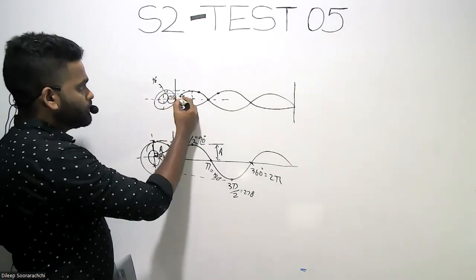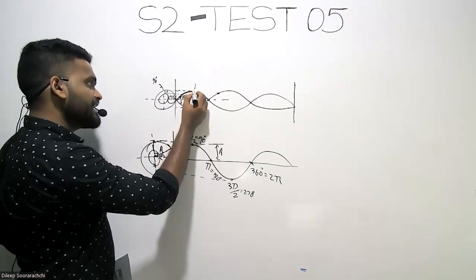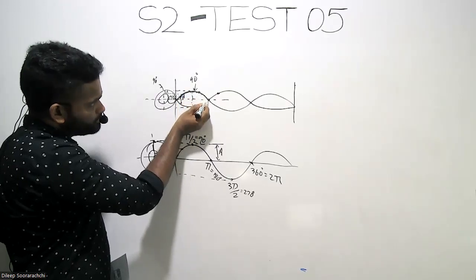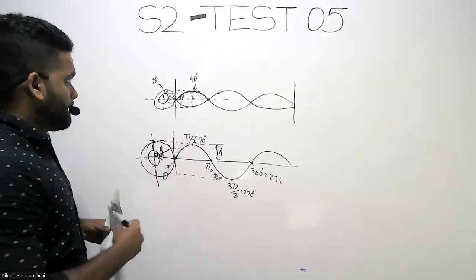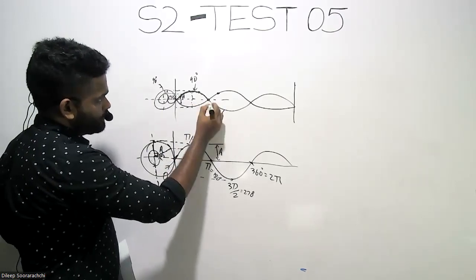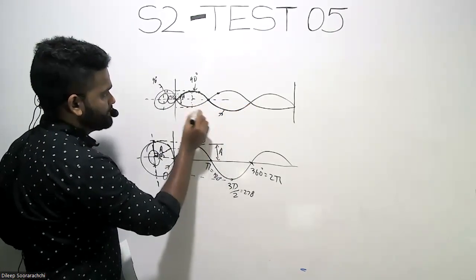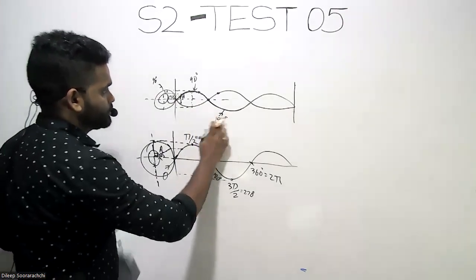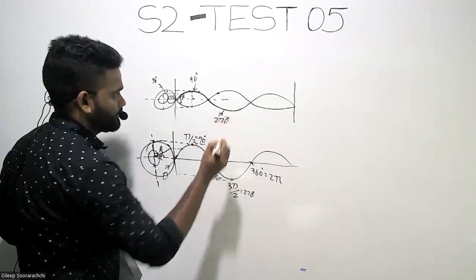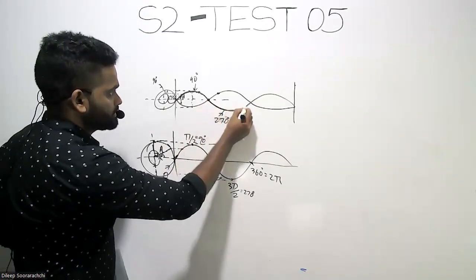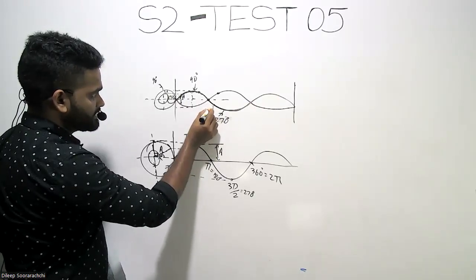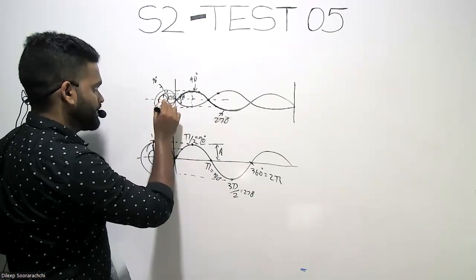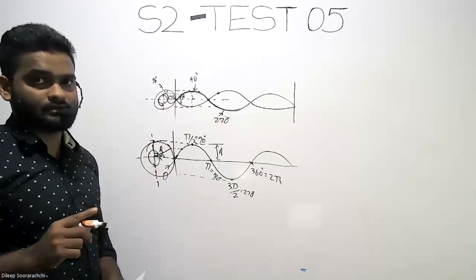As you can see, all the points in one loop are at a 90 degree phase. And here all the points should be at 180 degrees. No, sorry, 270 degrees. You can draw different circles for each point, and you can see that it completes 270 degrees.